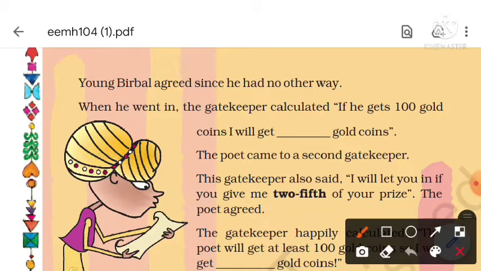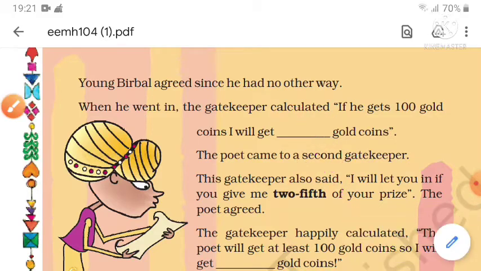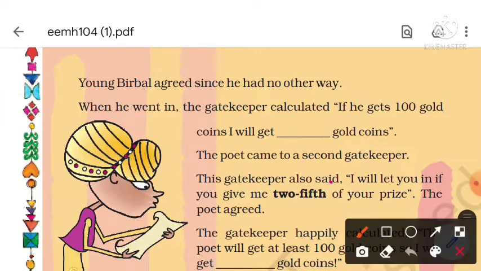The poet came to a second gatekeeper. This gatekeeper also said, "I will let you in if you give me 2/5 of the prize." The poet agreed. So the next gatekeeper also demanded the same, but a different fraction of the prize, 2/5.